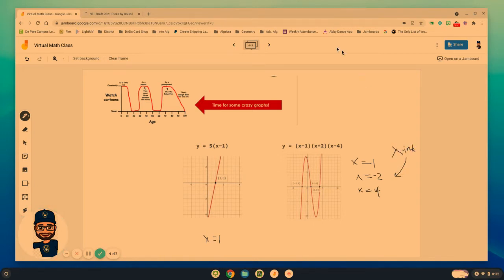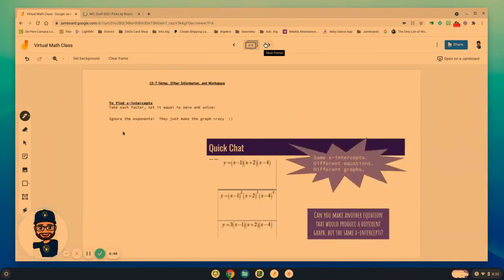So these factors, even if we have one factor with the GCF or 3 factors, still help us to identify those x-intercepts, which are the solutions. And that's what this last section is all about. To find x-intercepts, we just need to take each factor and set each factor equal to 0. The nice part is that we can ignore the exponents. All those exponents do is make the graph change direction a lot.